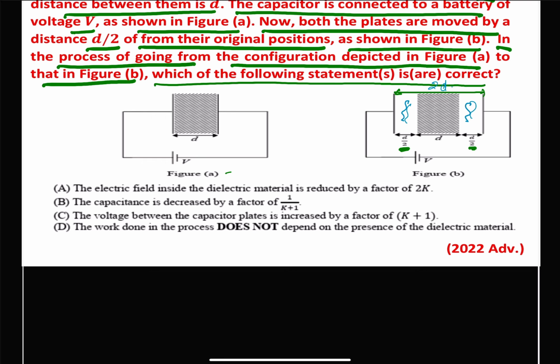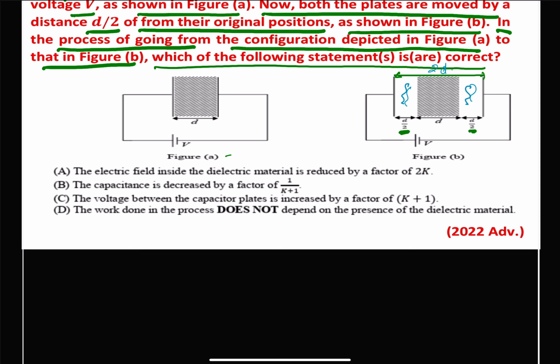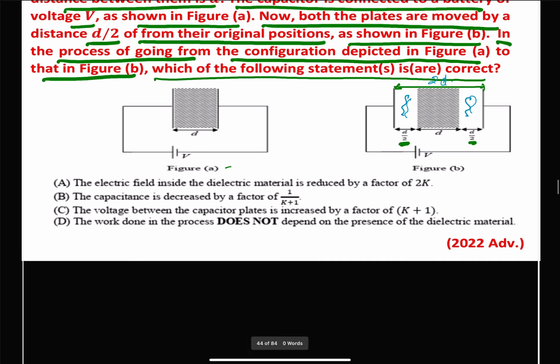Therefore, in the first case, let us call the capacitance of this capacitor CA, and let us call this CB.